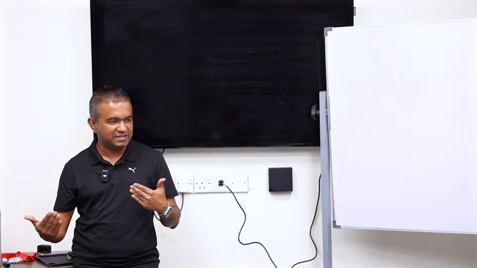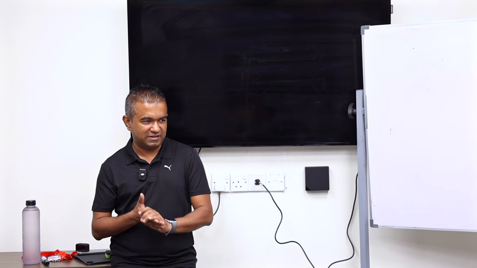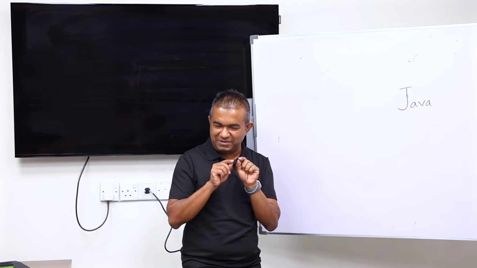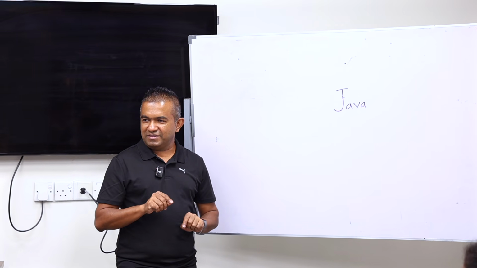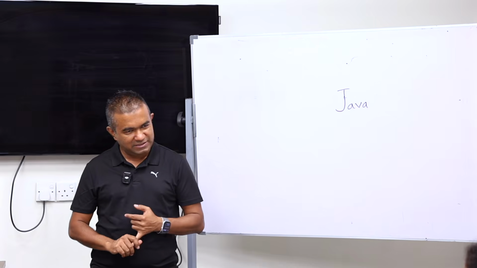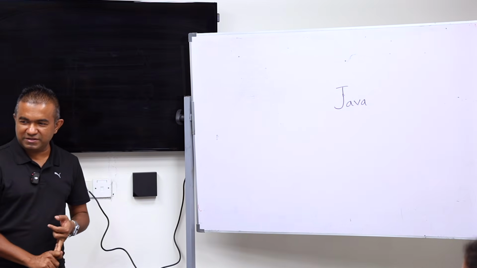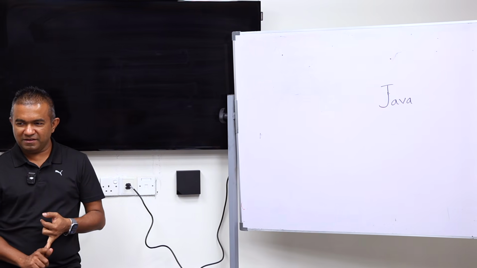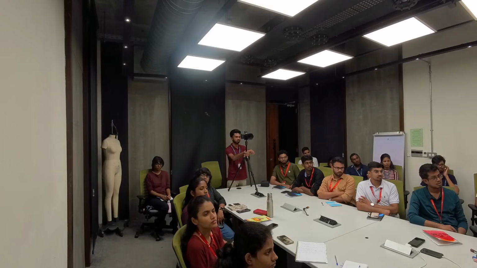Students can tell anything, but when it comes to an engineer, you need to give an engineering answer. When you explain Java, you need to isolate Java. He put the JVM inside that, so that's why it's kind of okay. You need to say yes, it's a programming language, but there are so many programming languages. It's object oriented, but there are so many object oriented programming languages. It's high level, but there are so many high level languages.